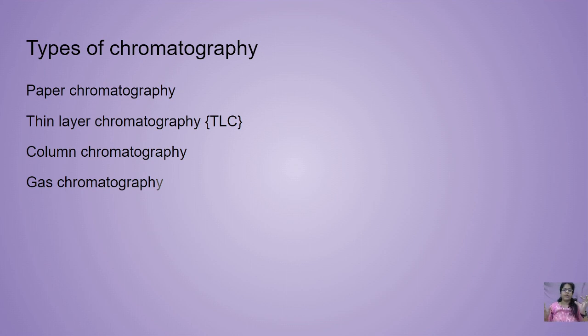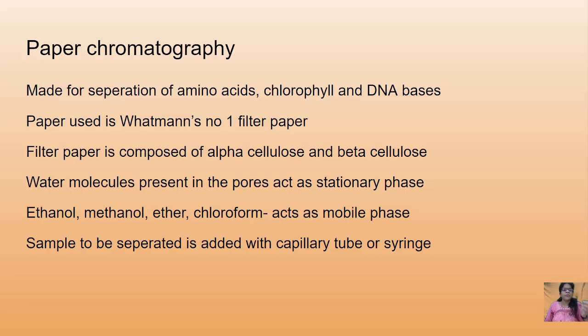If you place an ink on the paper, it would immediately spread based on its affinity towards the stationary phase. It would interact with the water molecules present in the paper. In the same way, paper chromatography relies on the same thing.